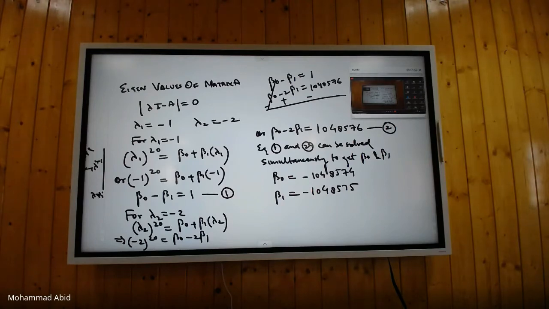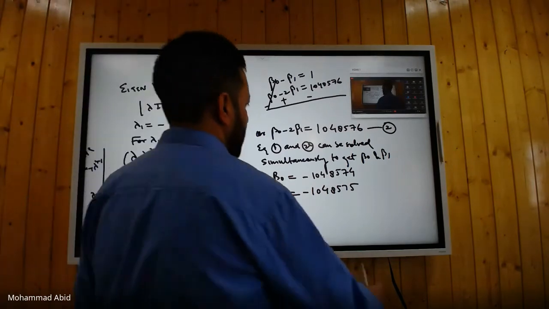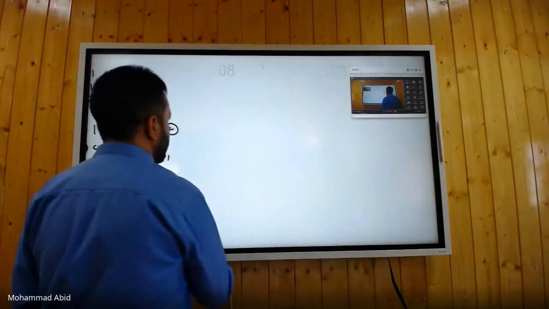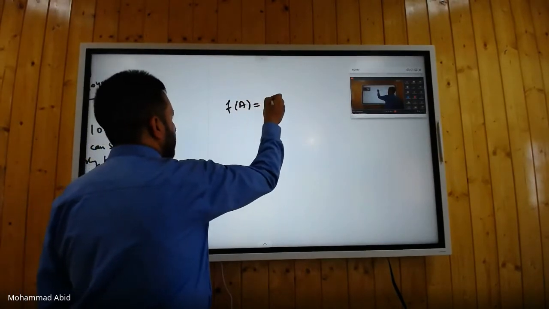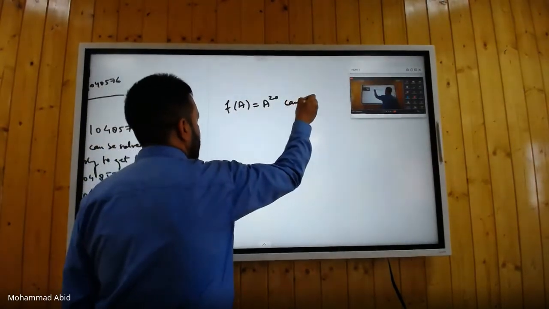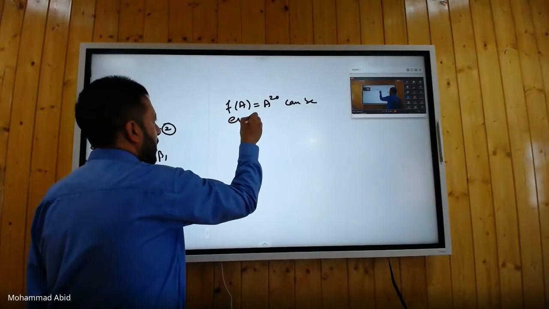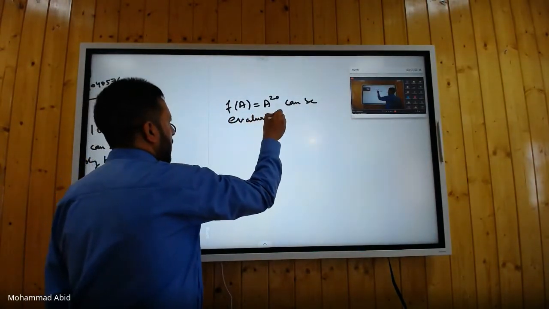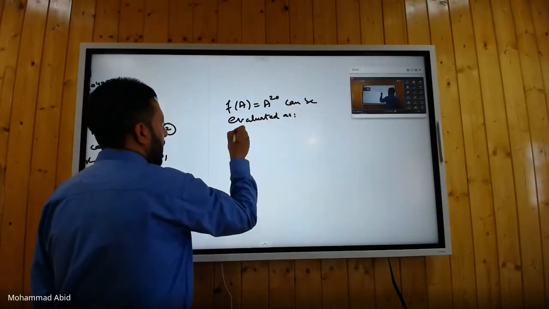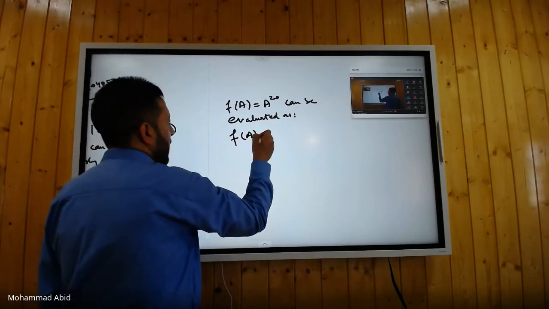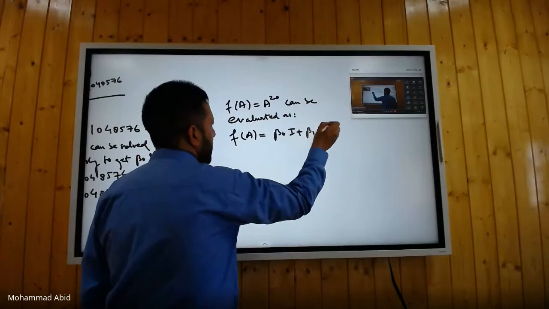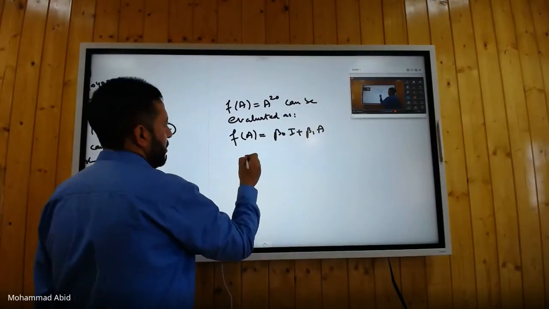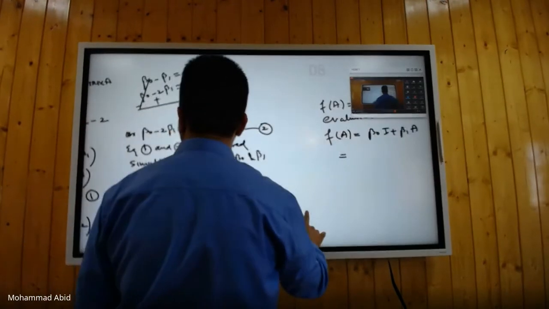But actually what did we have to evaluate? A to the power 20. Now F(A) equal to A to the power 20 can be evaluated as F(A) equal to beta naught I plus beta 1 A. So beta naught, what did we just see it is?